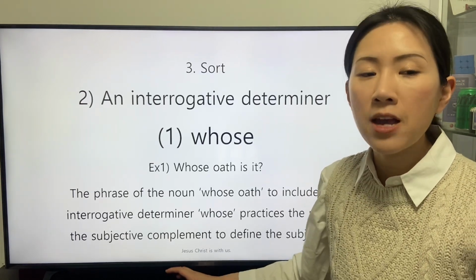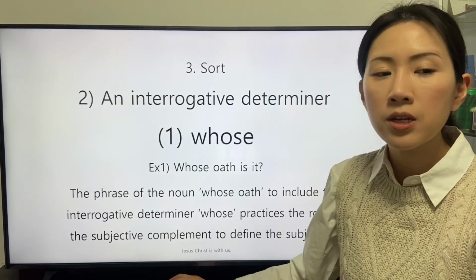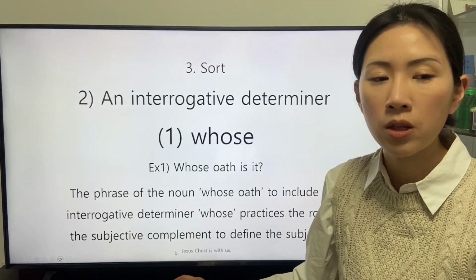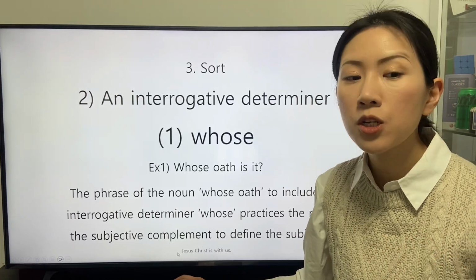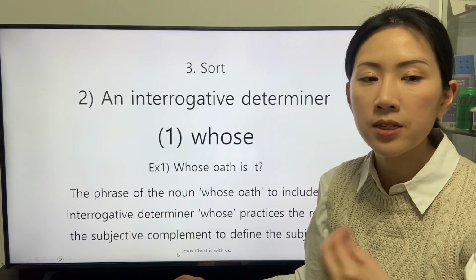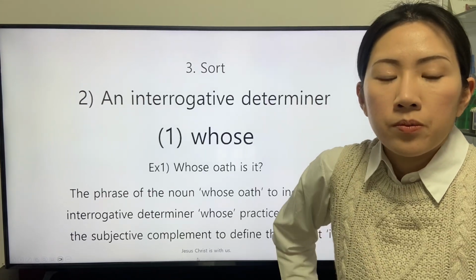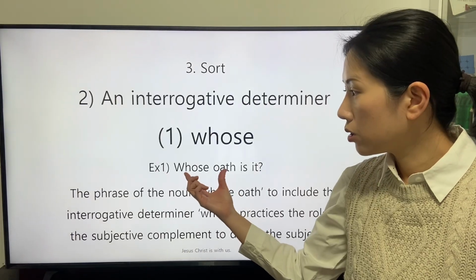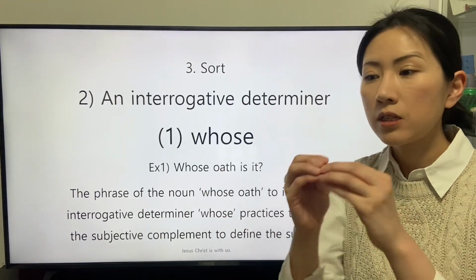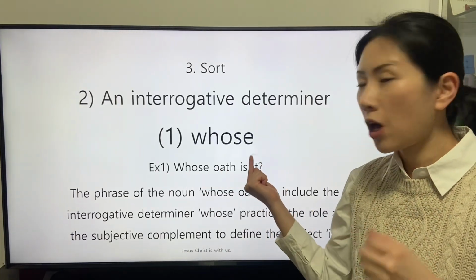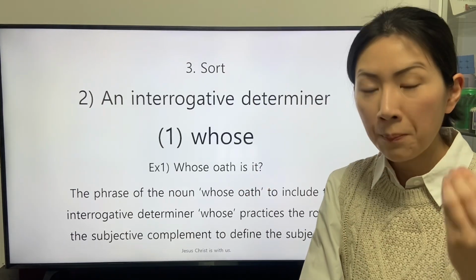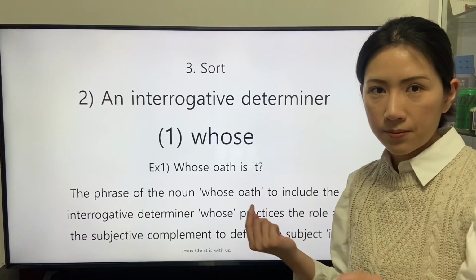The phrase of the noun whose oath, to include the interrogative determiner whose, practices the role as the subjective complement to define the subject it. The phrase of the noun whose oath defines the subject of this clause indicated by the personal pronoun it.